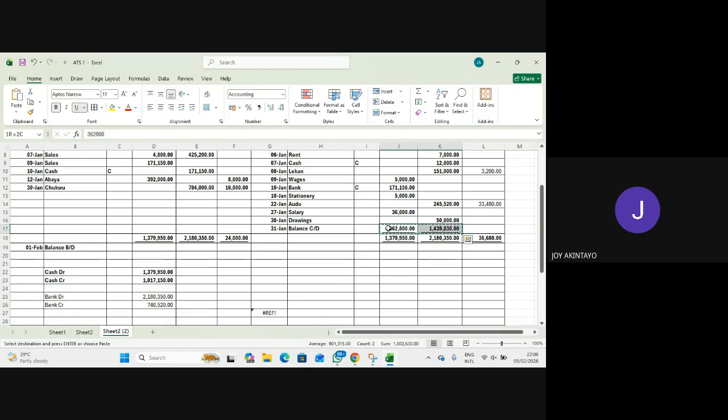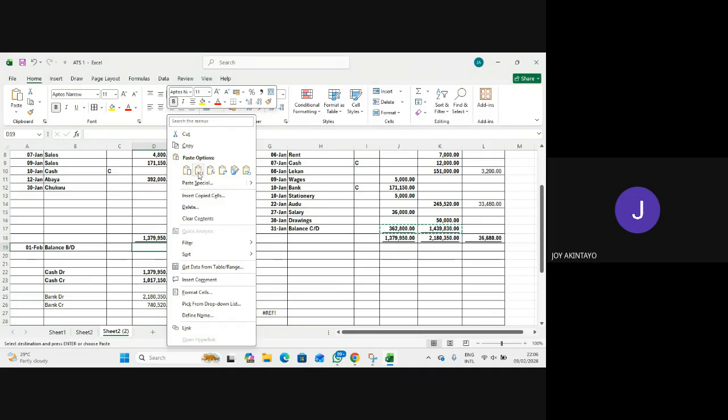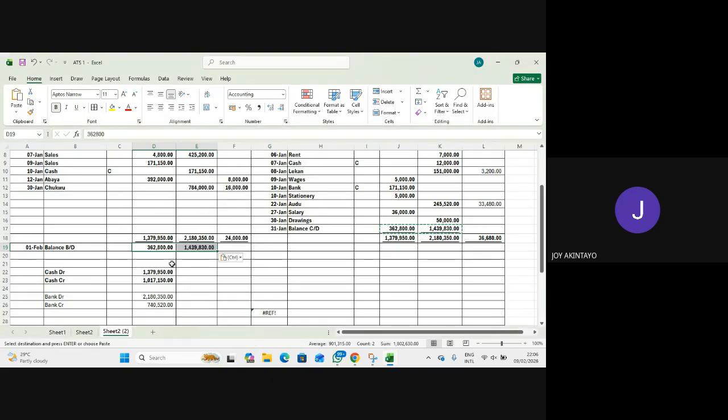This is what we need. The 24,000 naira we have here is going to our discounts allowed account, and the 36,680 is going to discount received account.